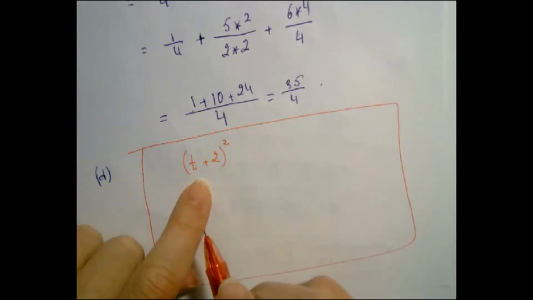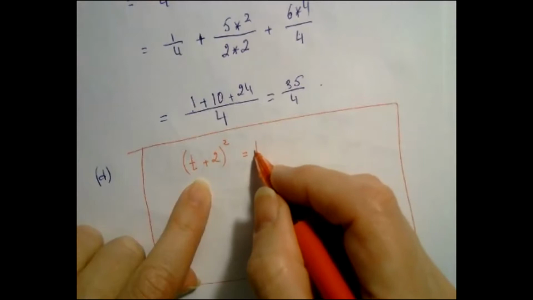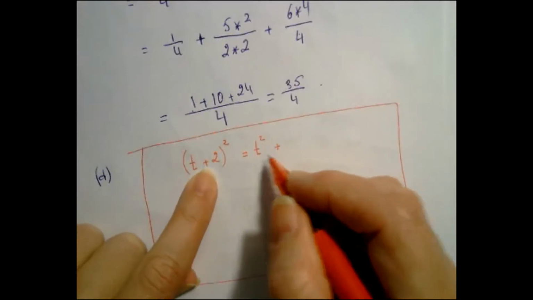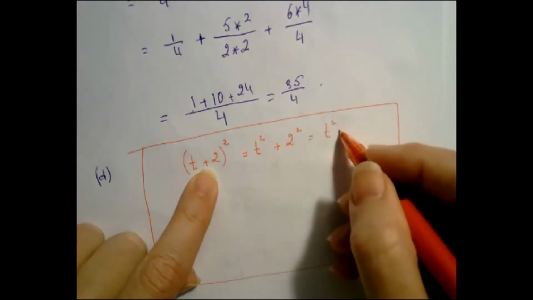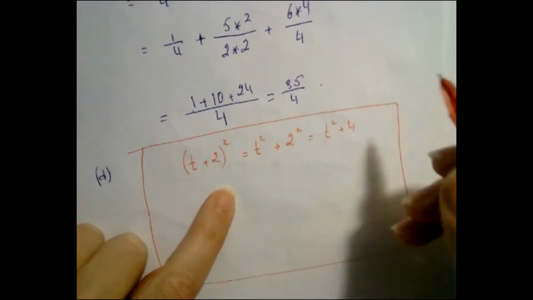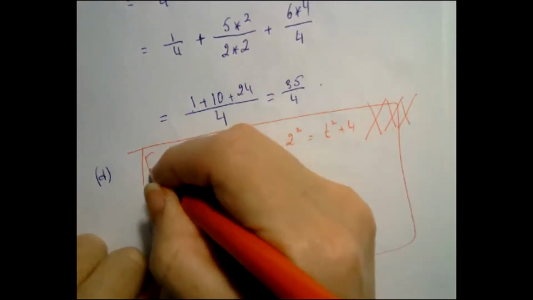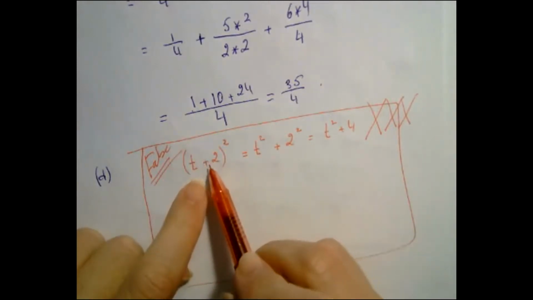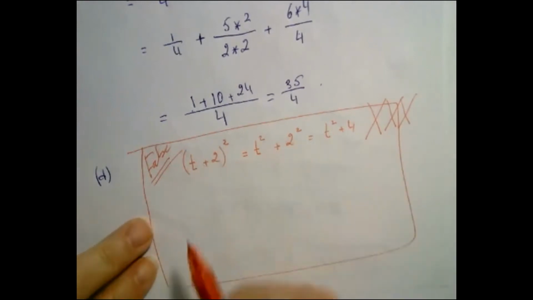They took the quantity t plus 2 squared, and what they did is they squared the t, added to it 2 squared, and they gave me t squared plus 4. This is absolutely false. Absolutely false. You cannot square this plus square that. Let us see why, not because I said so.